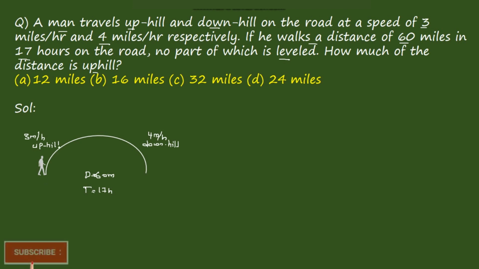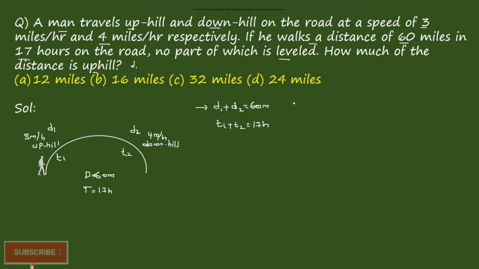If you consider the distance of uphill as d1, then we have to find the value of d1. If you consider the distance of downhill as d2, the time taken for uphill as t1 and the time taken for downhill as t2, then we can say that d1 plus d2 is equal to 60 miles, and time t1 plus t2 is equal to 17 hours.